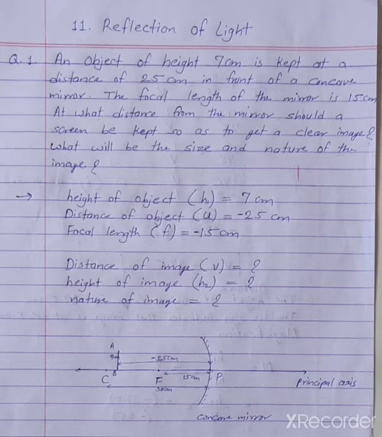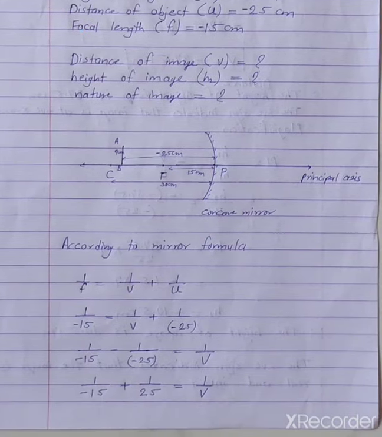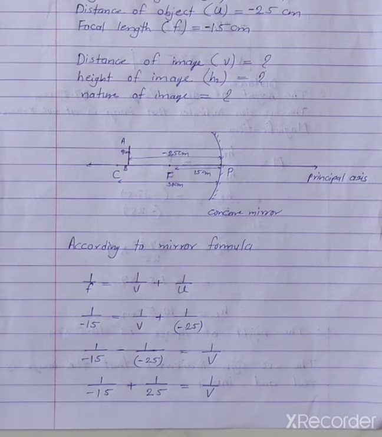In this question, focal length and distance of object is given. So we can find out distance of image by using the mirror formula. According to this mirror formula, 1 upon f is equal to 1 upon v, that is the distance of image, plus 1 upon u, that is the distance of object.